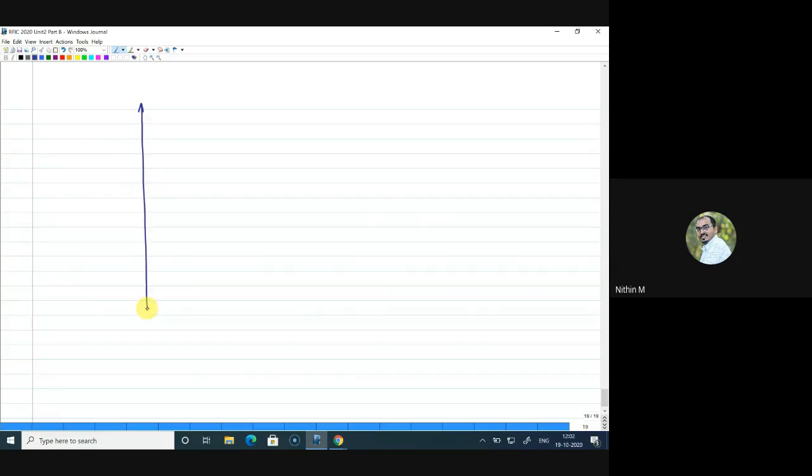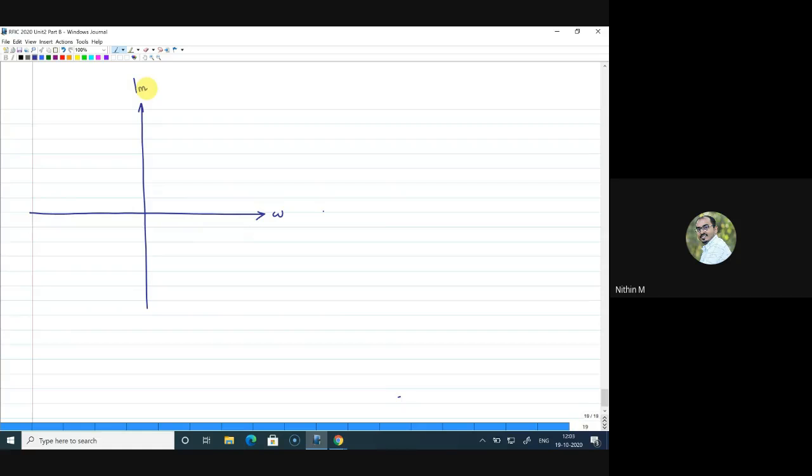I will represent this as, I hope you are with me on what I'm doing. So I'll consider this as my ω axis, and I'll consider my imaginary axis as this.